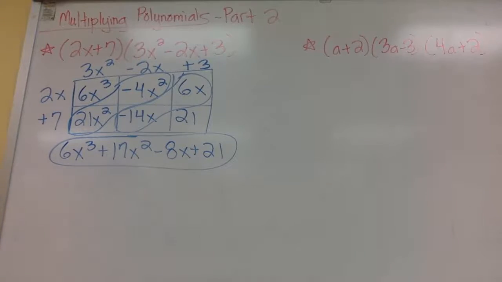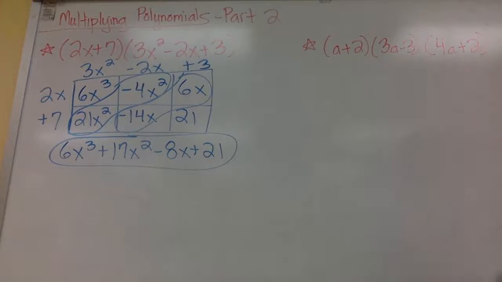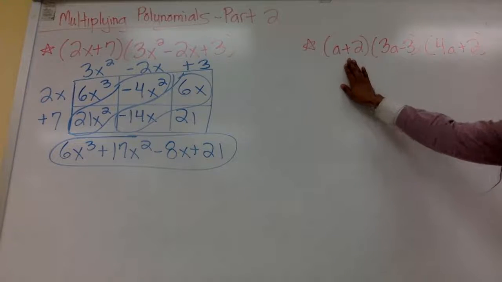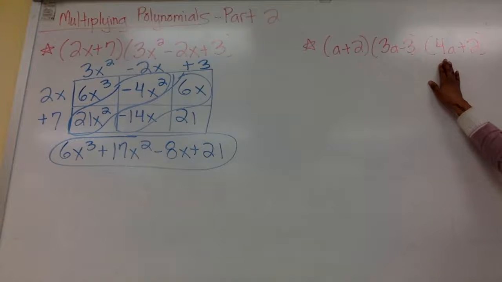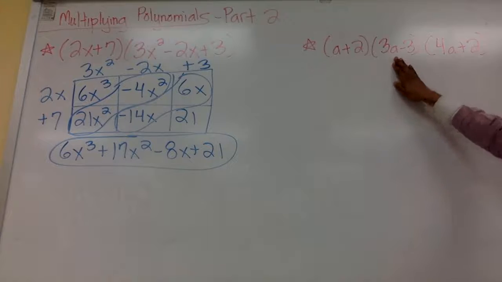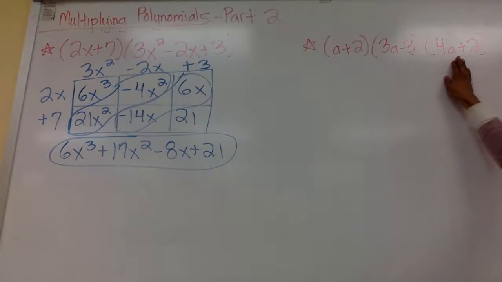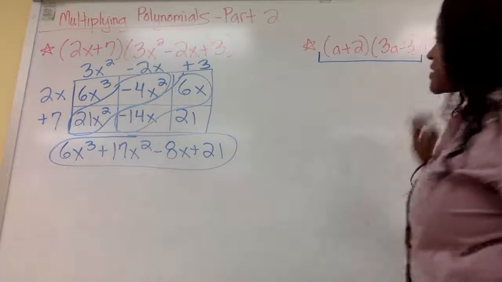Okay, and the last one I got kind of like a challenge, like a harder one over here. I'm going to be multiplying a plus 2 times 3a minus 3 times 4a plus 2. We only can multiply 2 at a time, so I'm going to multiply my first 2.